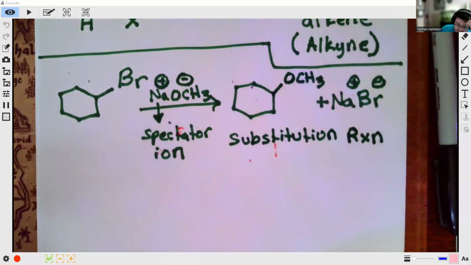There are two different types of substitution reactions. There's what's called SN1 and there's what's called SN2. I'm going to teach you guys SN2 first because it is more straightforward in terms of arrow pushing mechanisms. The way the electrons flow is a little bit more straightforward in SN2 reactions.